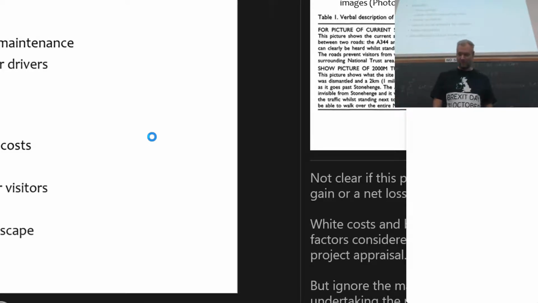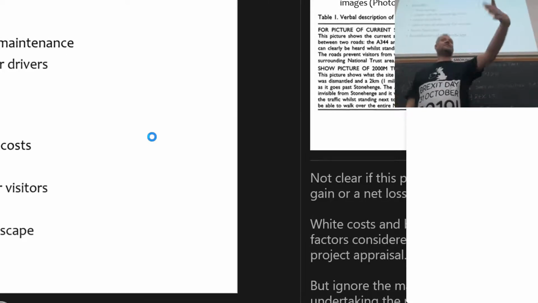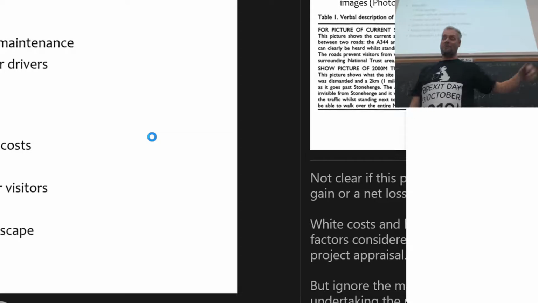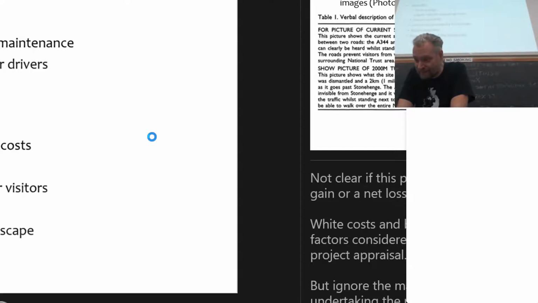Benefits is that traffic would speed up. There would be fewer accidents for people paying attention to the monument rather than the road. The visitors to Stonehenge would no longer be bothered by the noise and by the visual disamenity of the traffic, right?